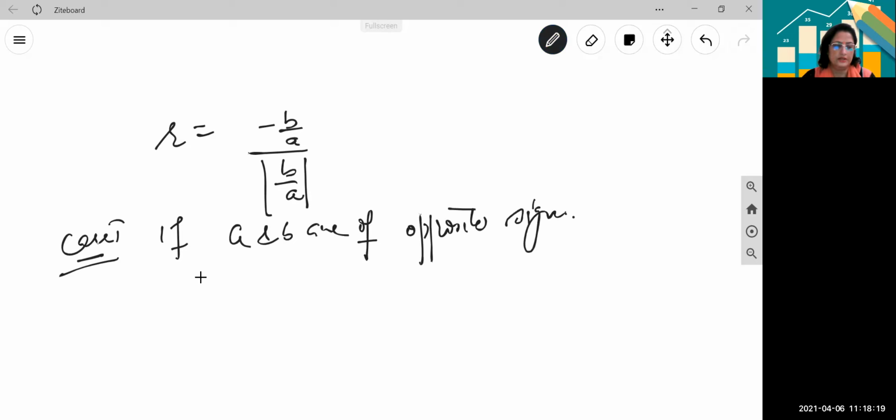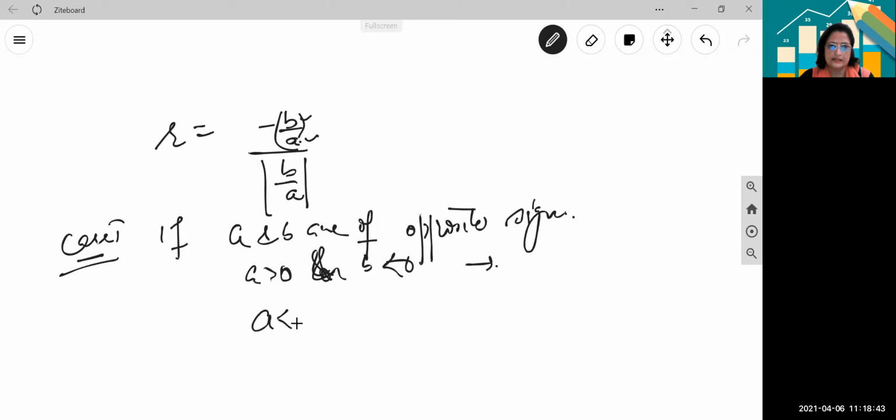right? Then what does it mean? Then b and a are of opposite sign. Is it clear? b and a are of opposite sign. What is the sign of these two? Different. It means a greater than 0 and b less than 0. One case becomes this.